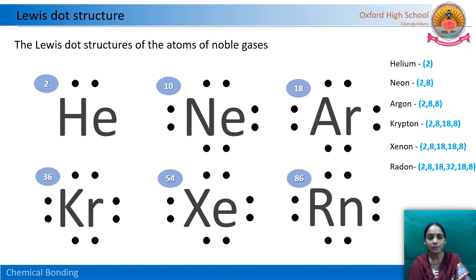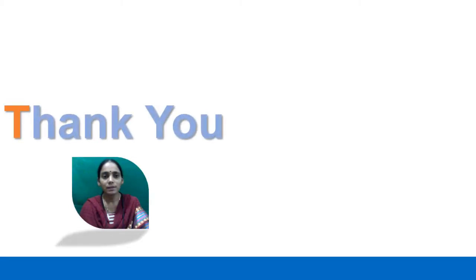And mostly for the chemical bonding lesson, this Lewis dot structure is the basis, and you have to learn how to write this Lewis dot structure for all the elements in the periodic table. This is for today. Practice all the Lewis dot structures for all the atoms. Thank you.